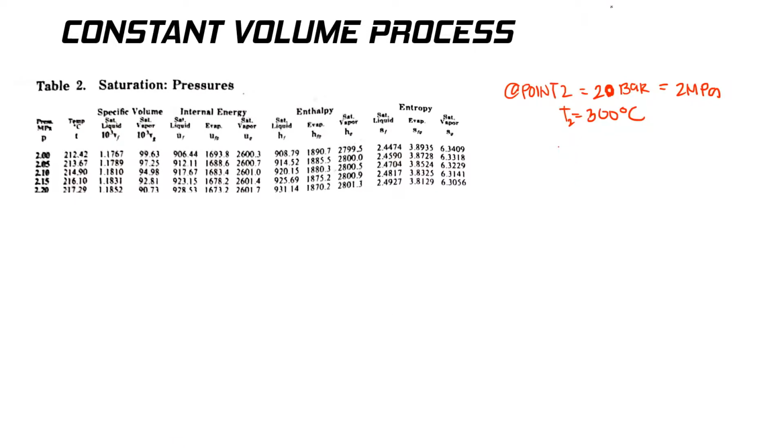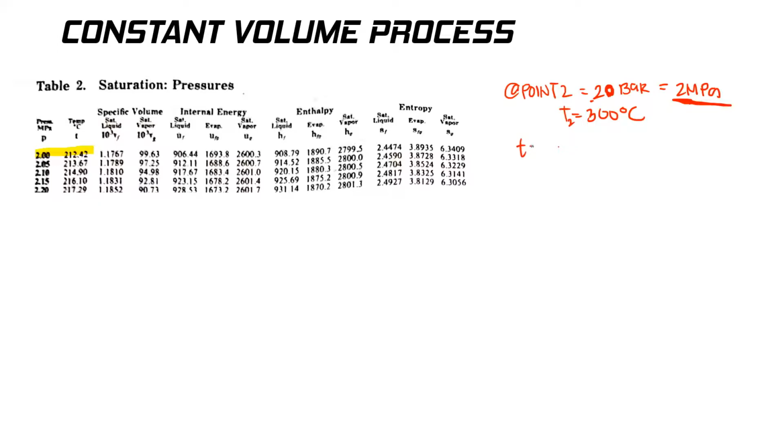Now at point 2, we have 20 bar or 2 MPa and 300 degrees centigrade. First, we need to determine the state of our working substance. To determine the state, we look for the saturation temperature at 2 megapascals.